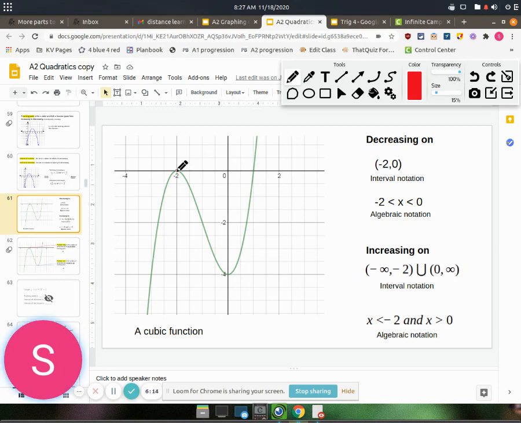The reason is that when it gets to negative 2 or to 0, when it's on that one spot, it's not increasing or decreasing. At the turning points themselves, it's not increasing or decreasing. That's why they never include the endpoints, and why it's never brackets there.